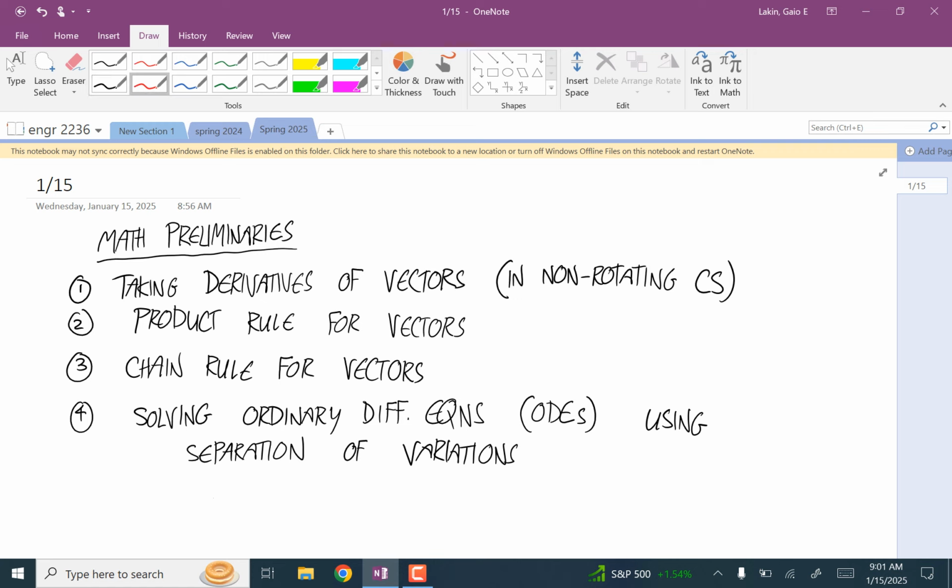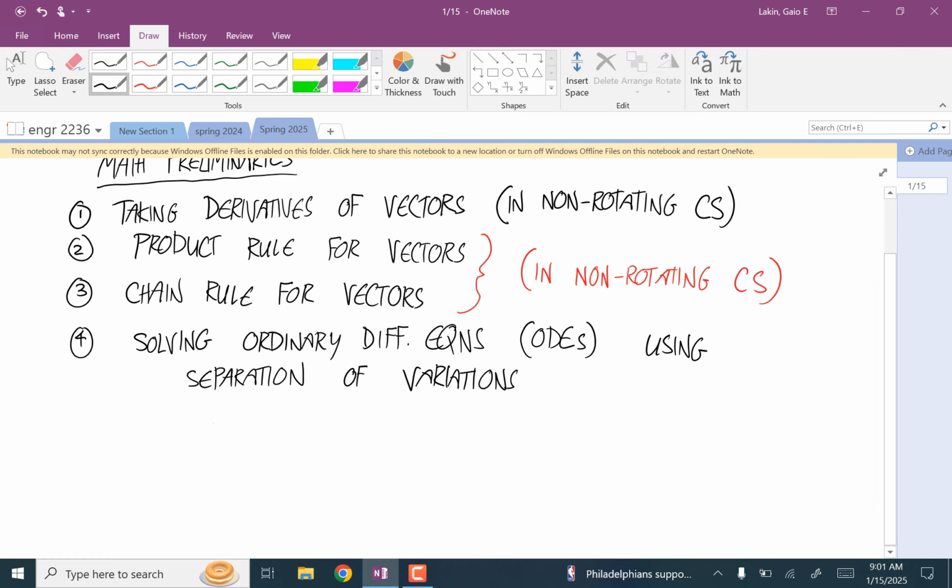This product rule and chain rule, we're thinking of this in non-rotating coordinate systems, and I'm going to try to explain why that's a big deal. Okay, so the first one is taking derivatives of vectors in non-rotating coordinate systems.